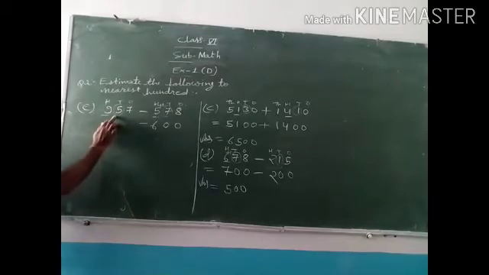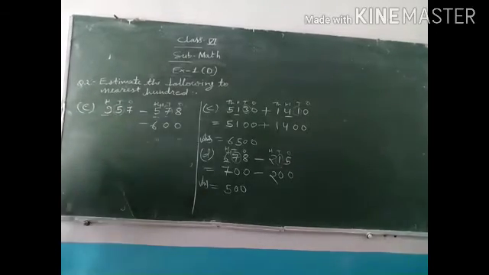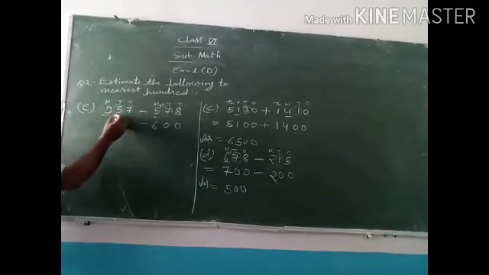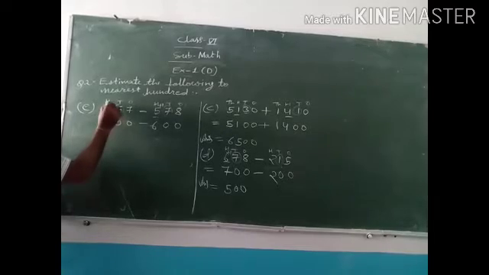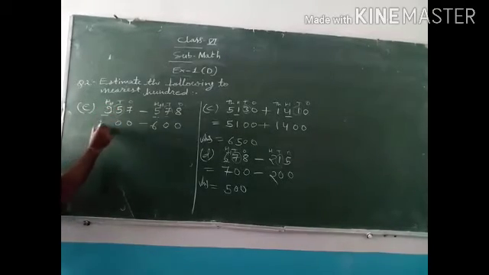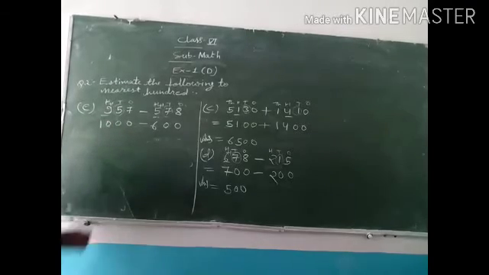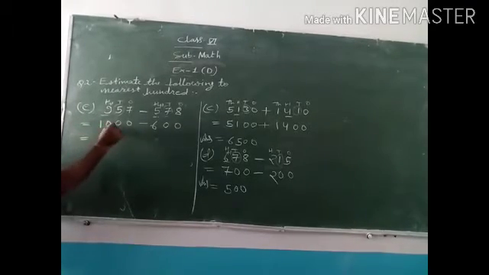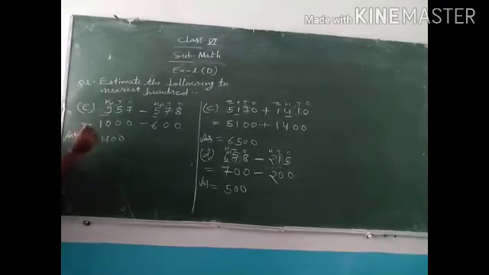Here is 5. अगर 5 है या 5 से बड़ा है, if it is 5 or greater than 5, then these both will become 0, and here +1 we will do. Okay. So 9 plus 1, 10, means 1000. So 1000 minus 600, that means 400 is our answer.